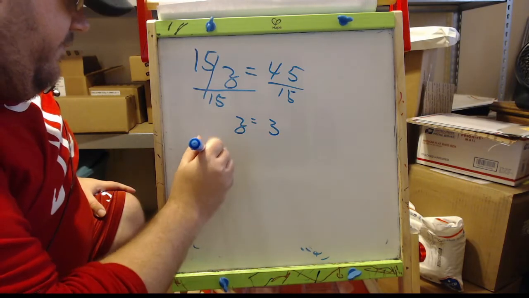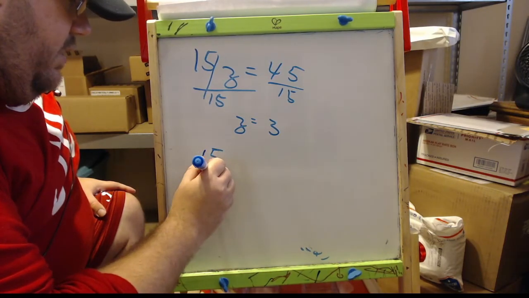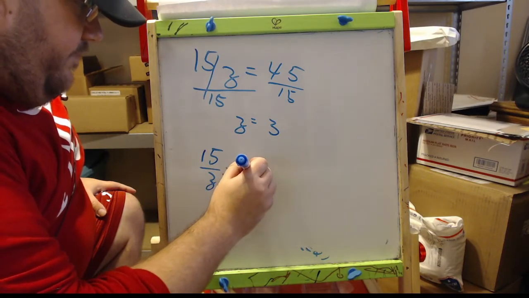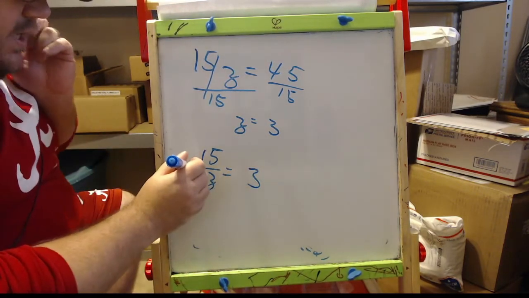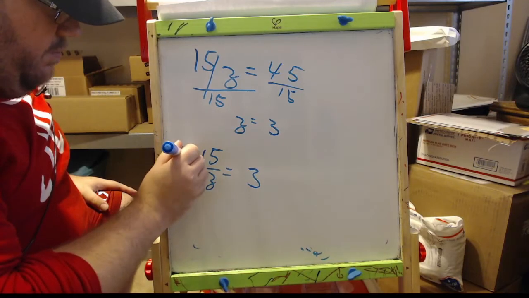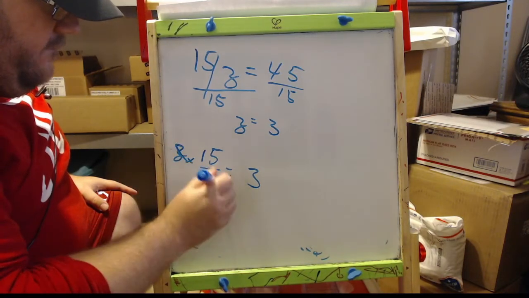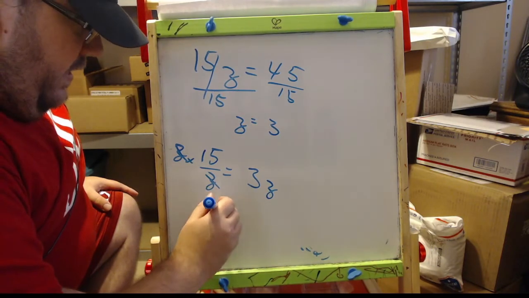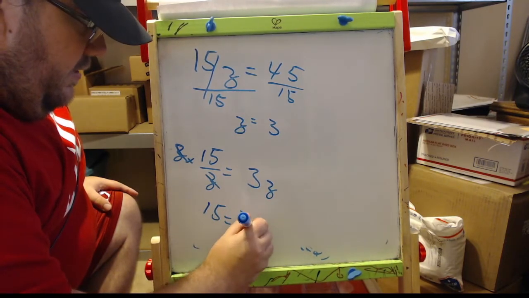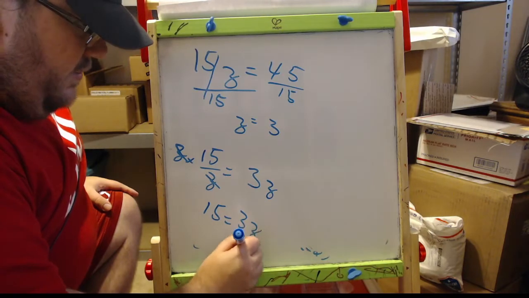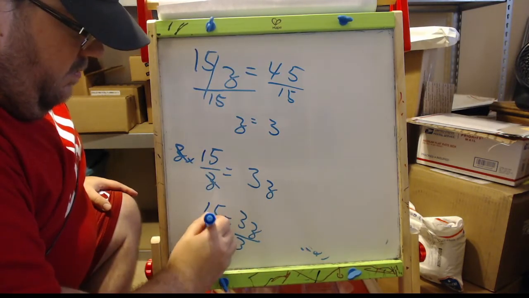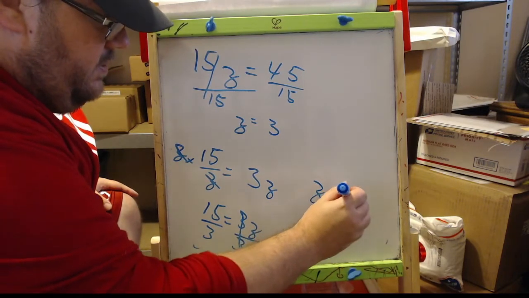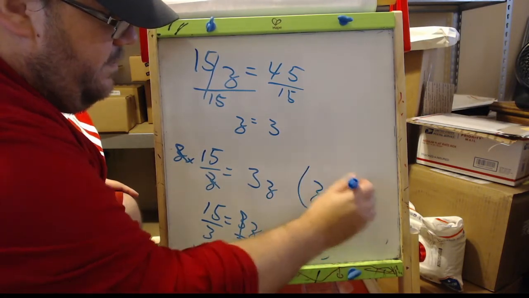Let's do 15 over z equals 3. How I do it is I multiply each side by z. So I have 15 equals 3z. Then divide each side, like we did up here, by 3 to isolate. And I get z equals 5, like so.